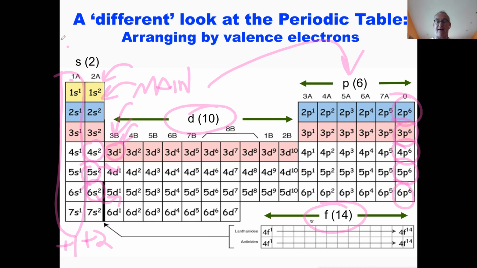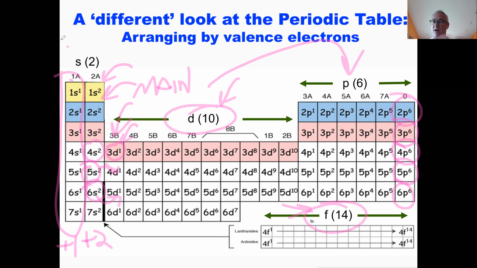And then when we get to the F block, we have a ton of potential valence electrons. We're not going to talk too much about the reactivity of the F group. If you want to take inorganic chemistry, they'll go into that in some detail. But mostly we're going to stick with the main groups, the S and P block, and a little talking about the D block, not too much about the F.